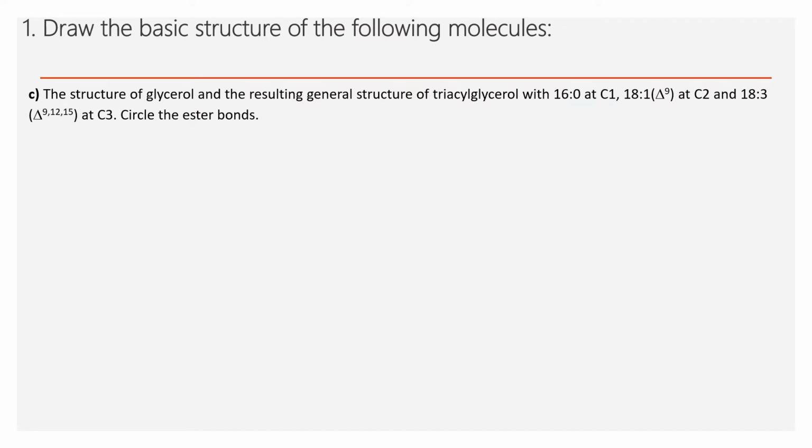Number 1, draw the basic structure of the following molecules. C, the structure of glycerol and the resulting general structure of triacylglycerol with 16 carbons, 0 double bonds at carbon 1, 18 carbons, 1 double bond at carbon 9 at carbon 2, and 18 carbons, 3 double bonds at these locations at carbon 3, and circle the ester bonds.